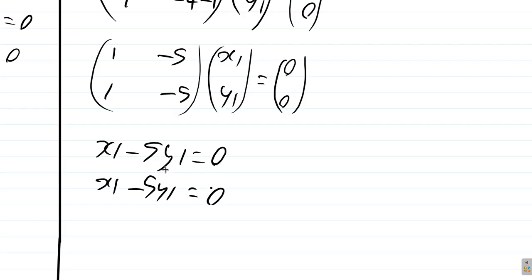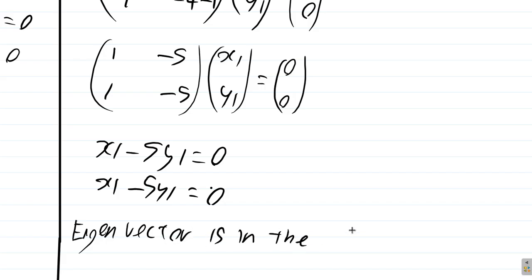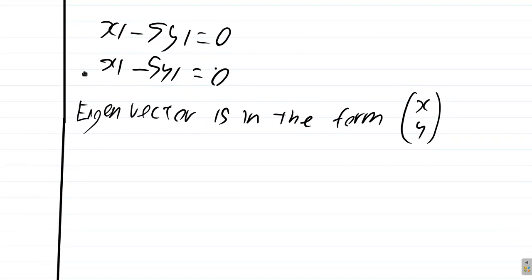So using just one of them, remember the eigenvector is in the form x, y. Alright? Remember, it's a column matrix used to represent a vector, where x would be the horizontal component, y would be the vertical component, right?